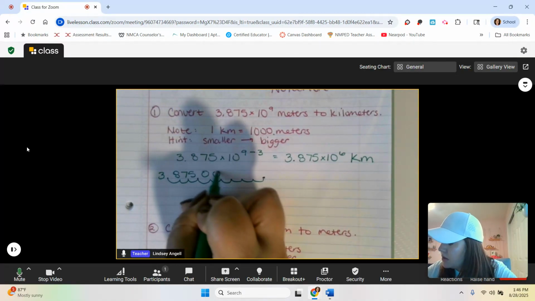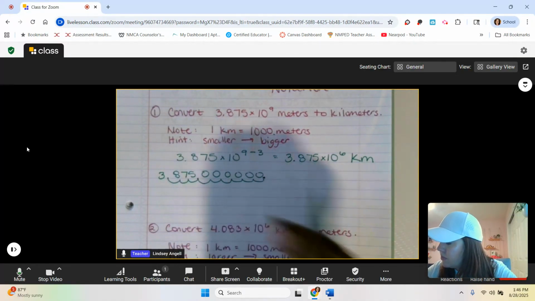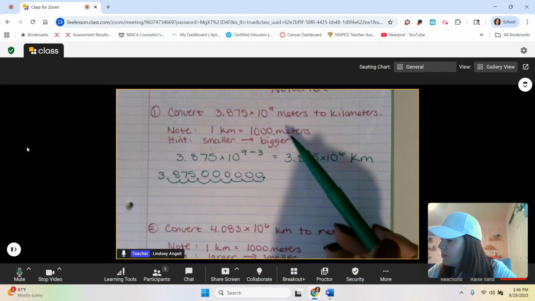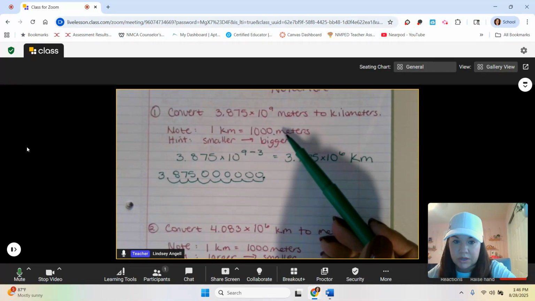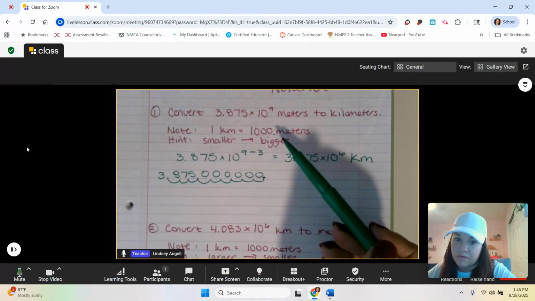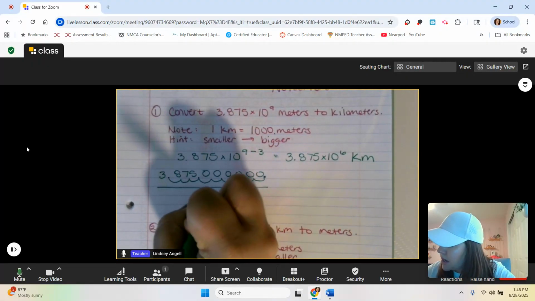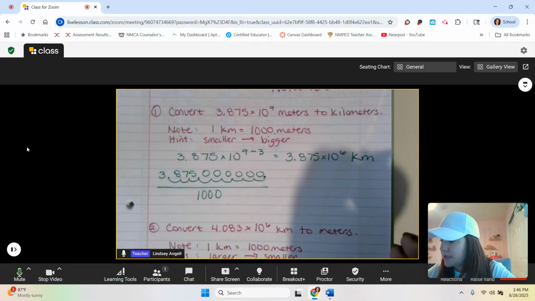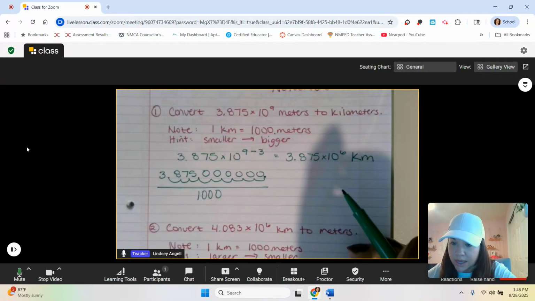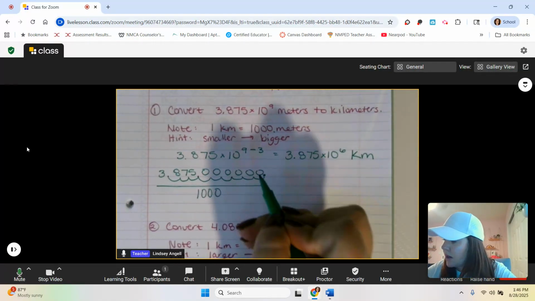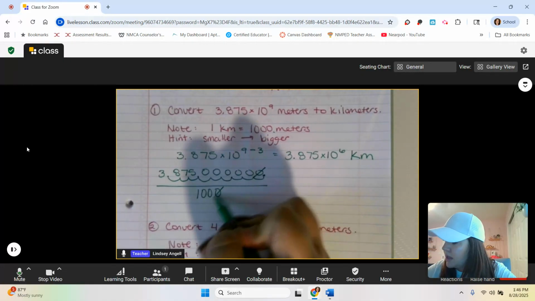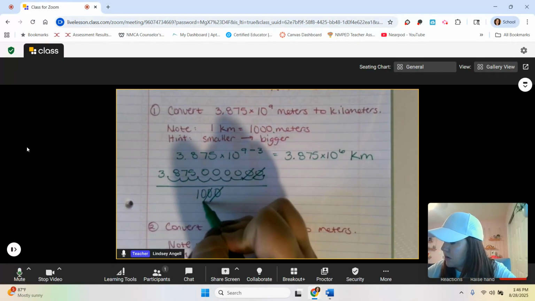And I'd fill all of these in with zeros, right? Well, I'm in meters. In order to convert them to kilometers, I'm going to divide by 1,000. I'm sure you've seen this trick before, if there's a 0 at the end of both, you can just cross them out.